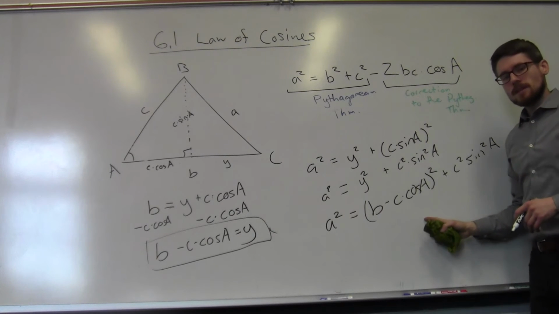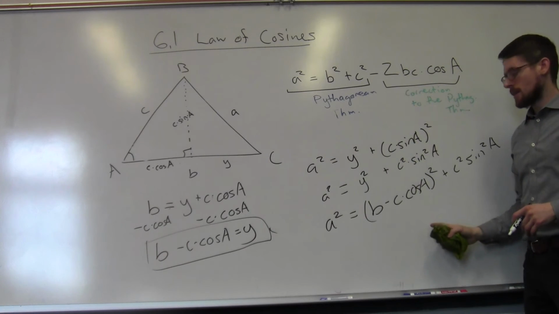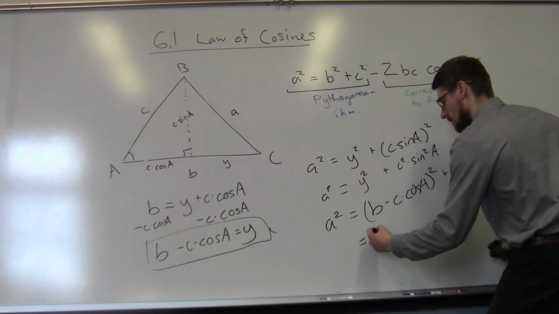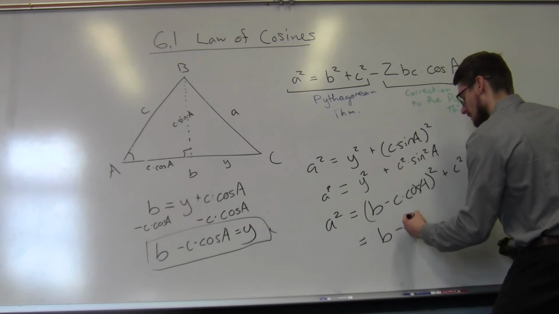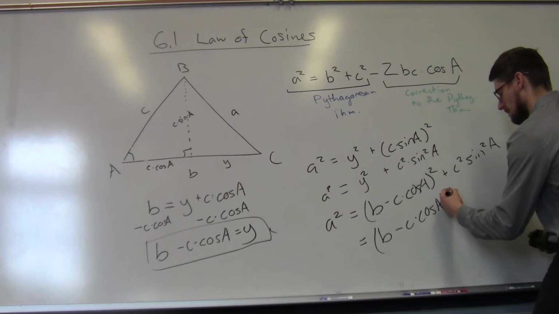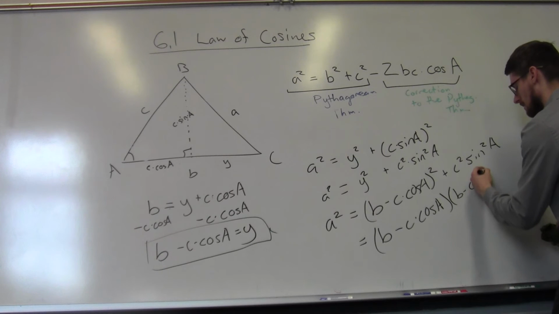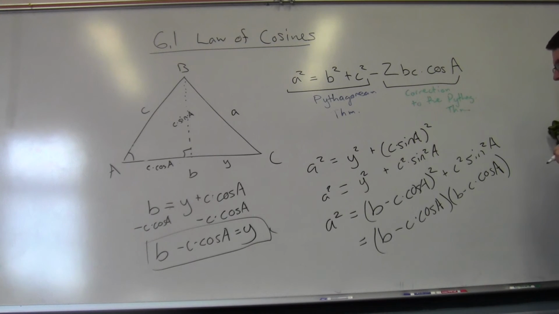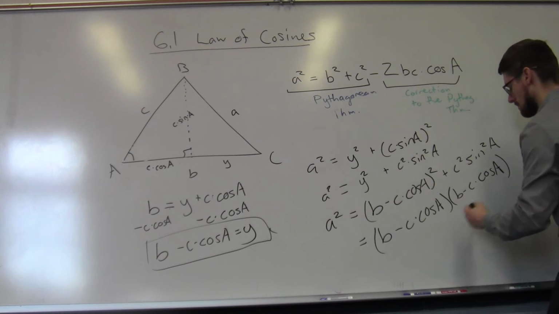Well, I want to get rid of these parentheses. So we should remove them by squaring this difference. So we're going to FOIL b minus C cosine A times itself, b minus C cosine A times b minus C cosine A. So that means we're going to get b times b.